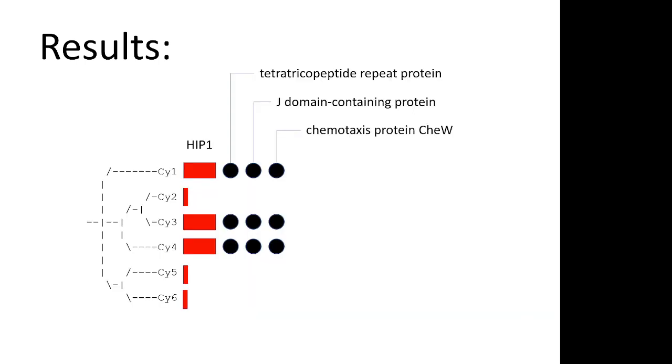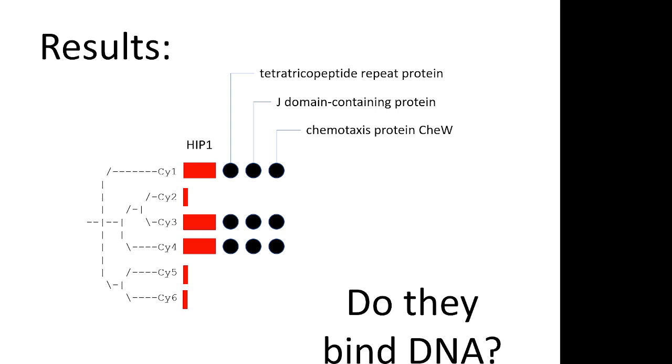And okay, what did we find? We found 3 protein families that match very closely to the phylogenetic distribution of the highly iterated palindromes. Okay? So these proteins are the tetratricopeptide repeat protein, the G-domain containing protein, and a chemotaxis protein CheW. Okay? So the question is, do they bind to DNA?